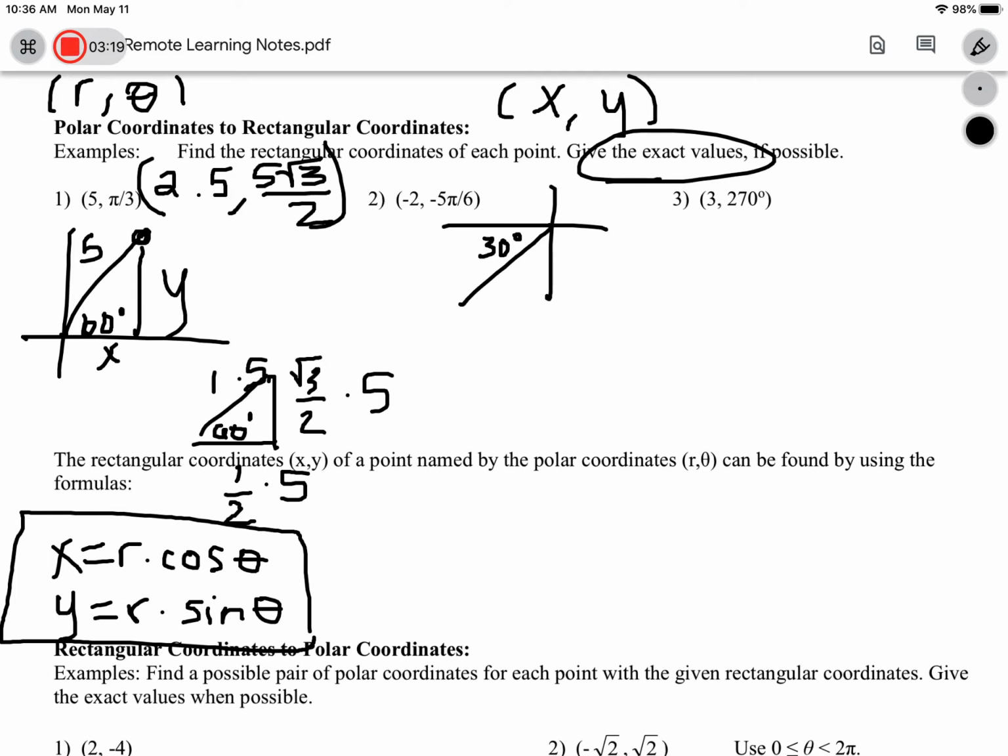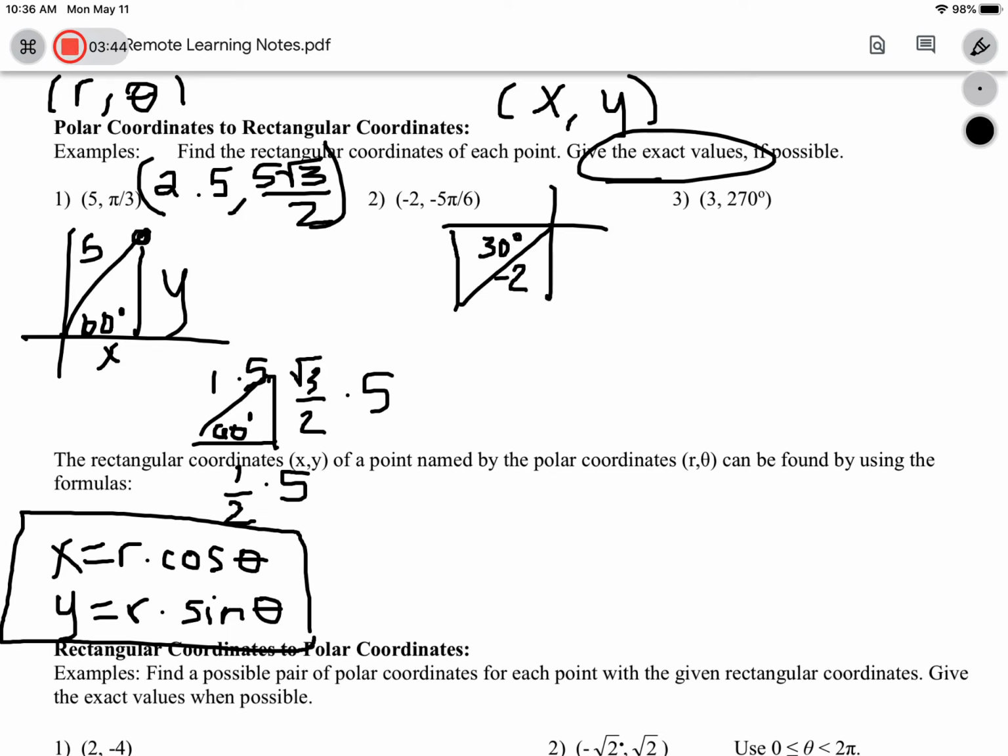And even though I know that a radius of negative 2 is going to take me back into the first quadrant, I just go ahead and leave it, and I write the negative 2. When I multiply by my radius or my hypotenuse, I'll be multiplying by negative 2. And that will still give me a first quadrant coordinate in the end.